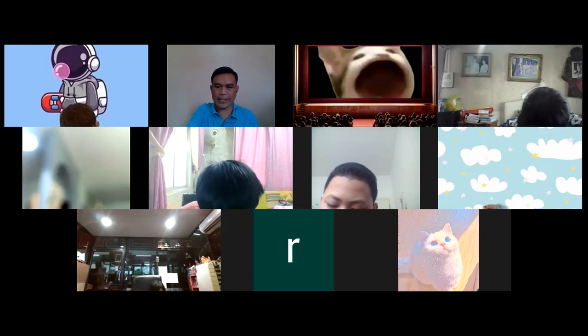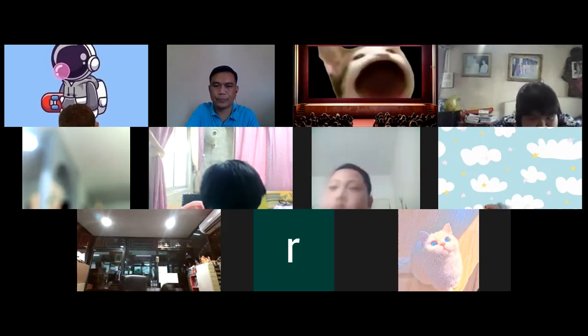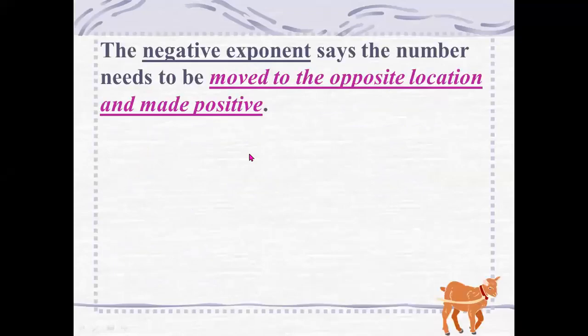Okay, going next so that we can have our activity. Please read, and I want to hear from Kim. Kim: The negative exponent says the number needs to be moved to the opposite location and made positive.